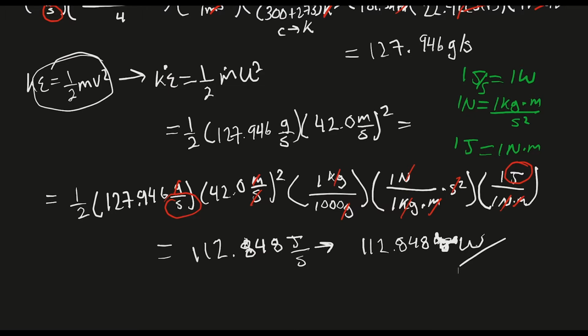But now let's say we're told we got to find it at 400 degrees, right? And we want to take the difference of watts at 400 degrees and 300 degrees. So now we got to find the velocity of the air at 400 degrees, and we already know the watts at 300 degrees.